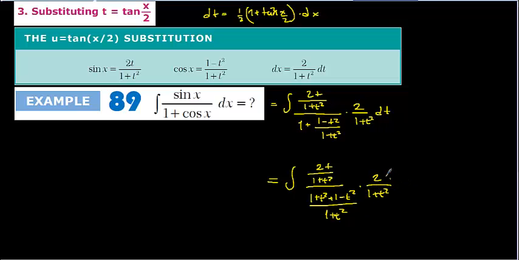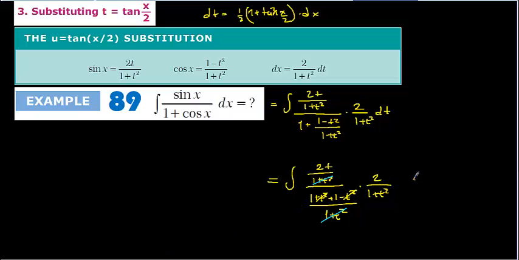Here the t squared and t squared cancel if we simplify, and in fractions, if the denominators are the same, you may simplify them. So the two fractions, 1 plus t squared and 1 plus t squared, we simplify that one.